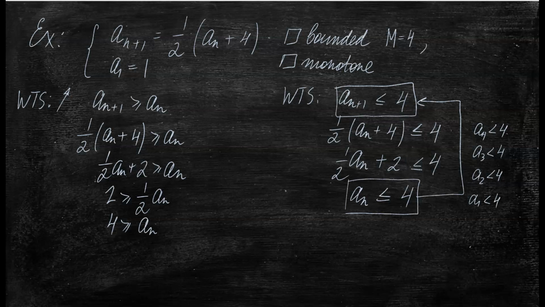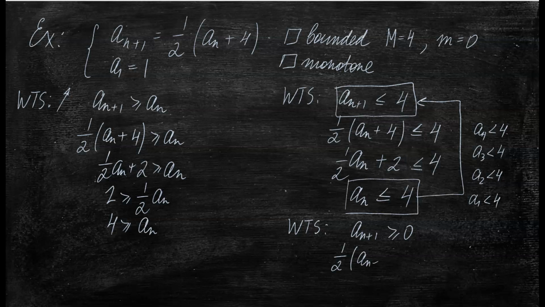Now, is it bounded below? It is bounded below, and we can show that it's bounded below by 0. So how do we show that? We want to show that this is the case, and let's see if it's going to be easy. Hopefully it's not going to be confusing.